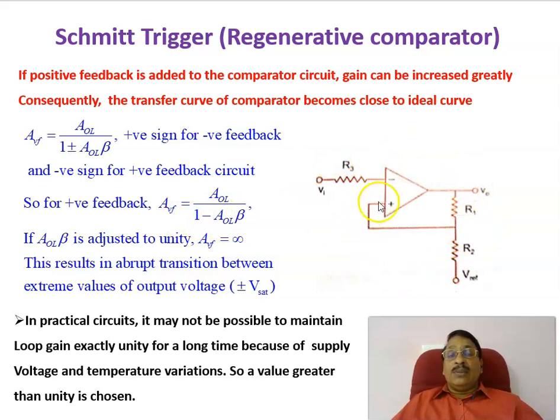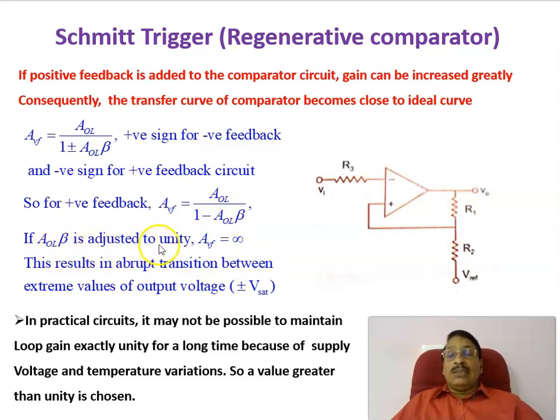The gain of the positive feedback amplifier is given by open loop gain divided by 1 minus open loop gain into beta, and beta is called the feedback factor. Here, the ratio R2 divided by R1 plus R2 is the feedback factor. Therefore, this product, the feedback factor into the open loop gain, is what we call the loop gain.